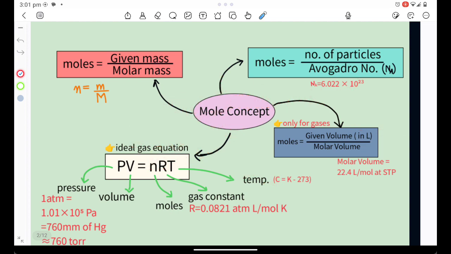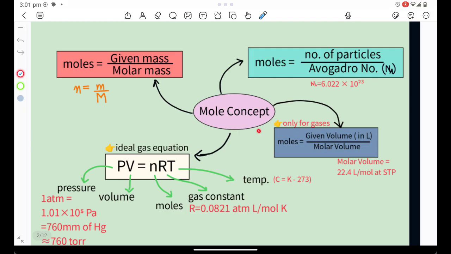So this formula is used when the number of particles is given. You divide the number of particles by Avogadro's number, denoted by Na, which is 6.022 into 10 to the power 23 entities or particles.